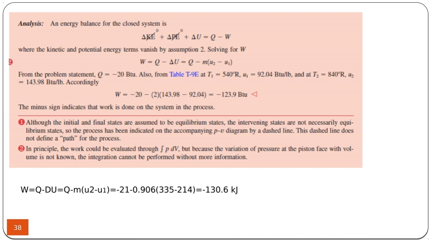The work done, therefore, is found from Q minus delta U, where Q is given, the heat loss, minus the change in the internal energy. They are the values found from the table. And we see that the work during the compression is minus 130. And as you can see, because of the heat loss, more work has to be done in order to compensate for the heat loss.